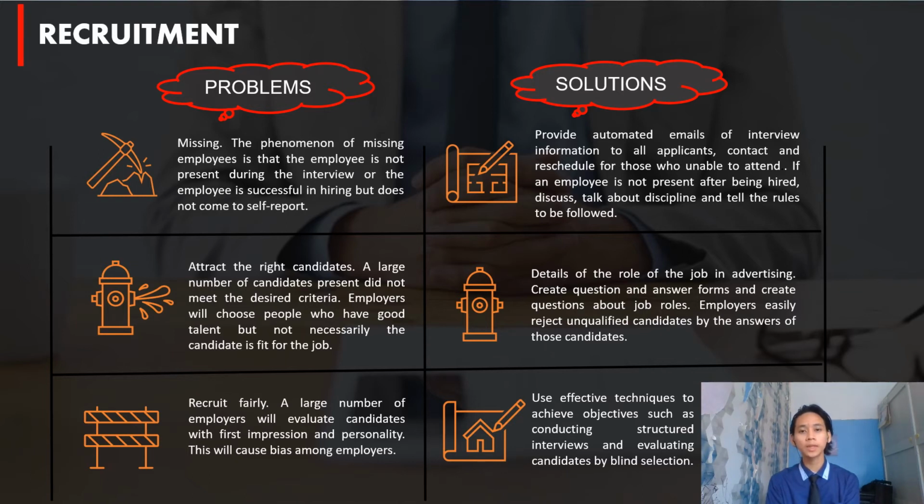To overcome it, the company has to make the role of the job detailed in advertising, create questions and answer forms, and create questions about job roles. Employers easily reject qualified candidates by the answers of those candidates.